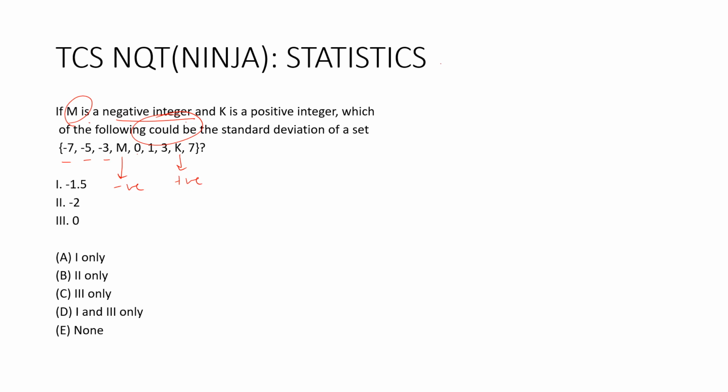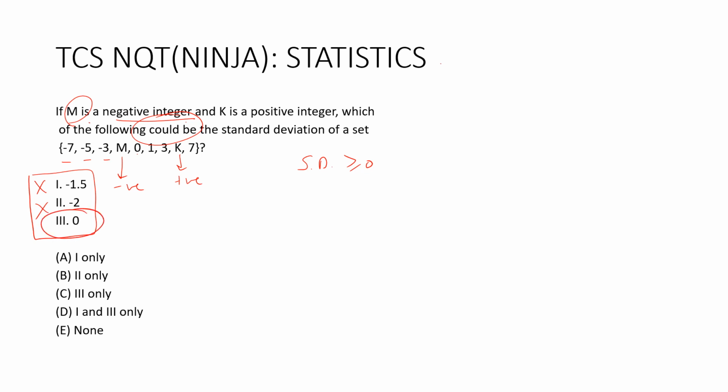But when I look at my options, please have a look at it. It says minus 1.5. Can my standard deviation be negative? I know standard deviation can only be 0 or positive, because the last step in calculating standard deviation is taking the square root. So this cannot be my answer. Again, minus 2, this cannot be my answer.